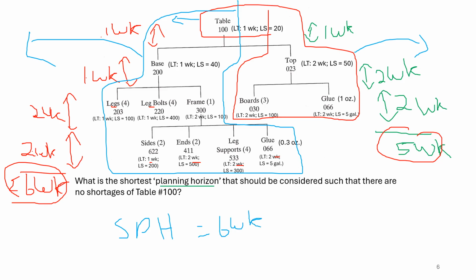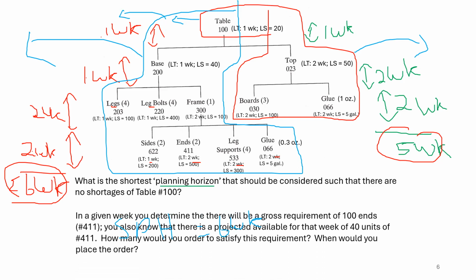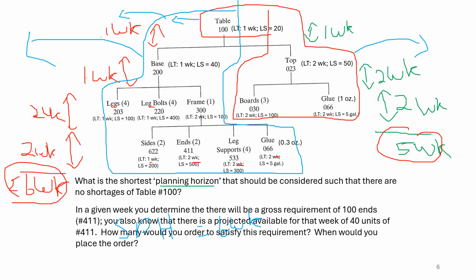If we only give it 5 weeks, we can probably manufacture this side of the table and assemble it, but we will probably not be able to manufacture the blue side, which is this side of the table.